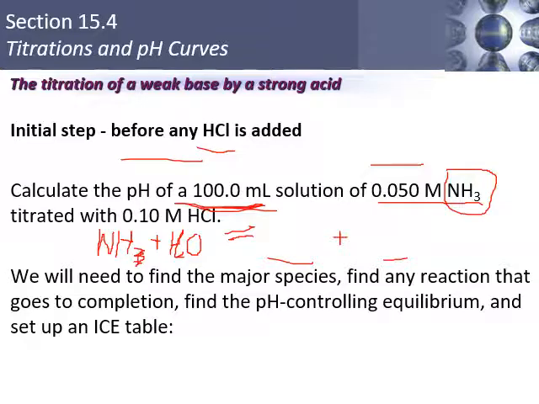So it's going to pluck a proton off the water, and it's going to turn from NH3 to NH4 plus. And what is that going to leave water as? If it loses a proton, it will leave that as OH minus. All right, this is what's going to go across the top of your ice table.